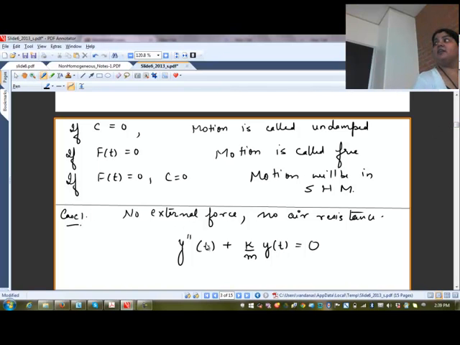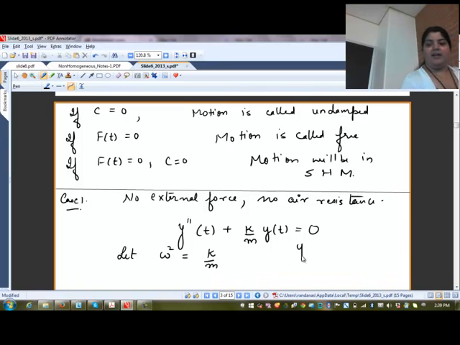Just for convenience's sake, mass is always positive and the spring constant we always take as positive. So I will denote this whole fraction with a positive quantity, omega square. You will see this omega has a name slowly. And y at 0, initial displacement, is y naught; y prime at 0, initial velocity, is v naught.